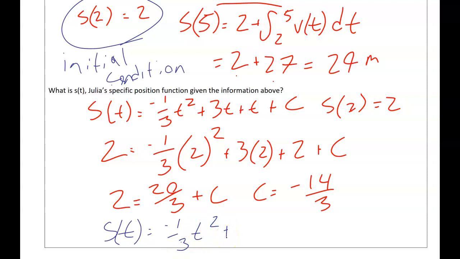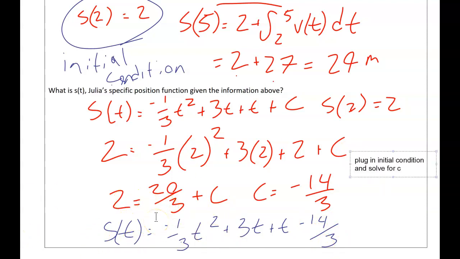So my whole function, S of t, is that integral that I took before minus 14 over 3. So the way I got that, right, is by plugging in a point. So I plugged in my initial condition and solved for c. This, by the way, is called an indefinite integral.